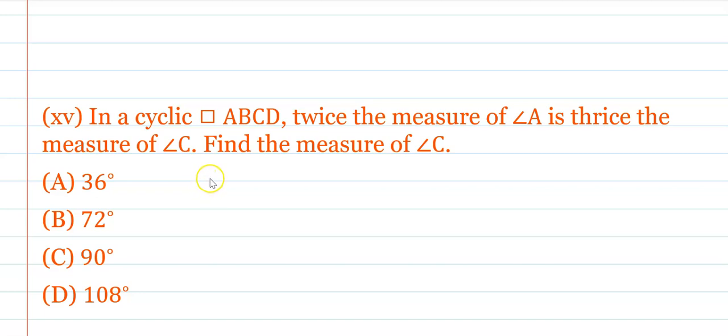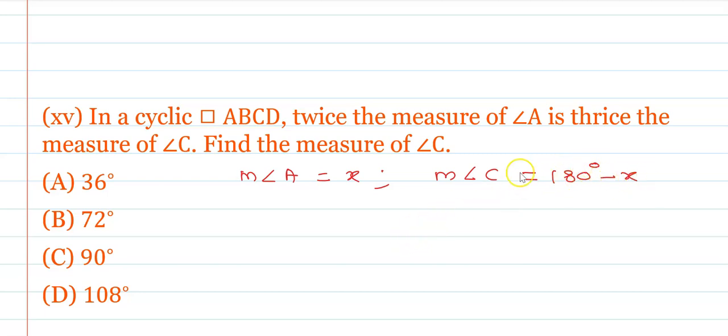Suppose the measure of angle A is equal to x. Then the measure of angle C is 180 minus x.